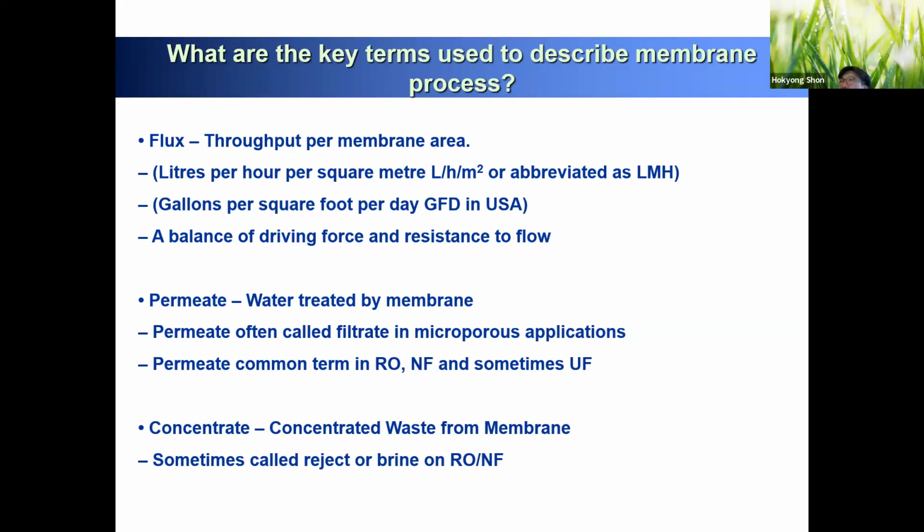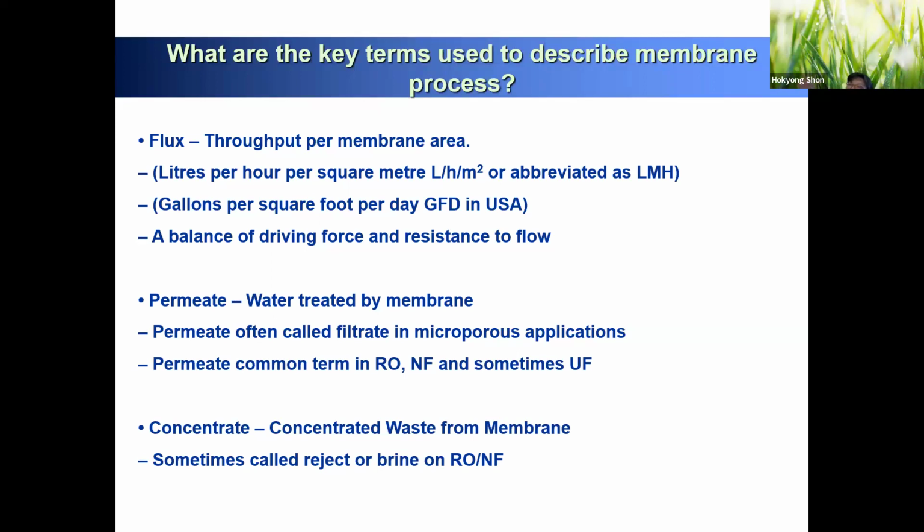Then terminology. Membrane design has a little bit of specific terminology you have to learn. The flux. Flux is throughput per membrane area. So liter per hour per square meter, LMH. We just say LMH. So you have 1 liter of permeate from seawater per 1 square meter of membrane surface area.